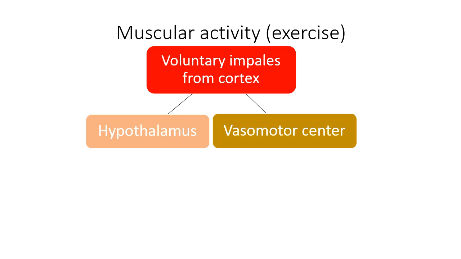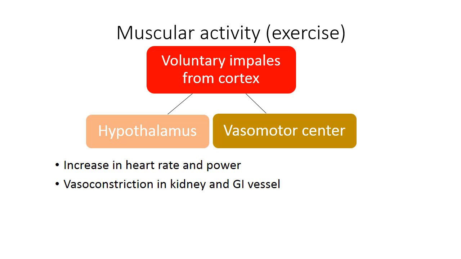When a human decides to do muscular activity, some voluntary impulses from the cortex project to the hypothalamus and vasomotor center, and these centers increase heart rate and heart power, and induce vasoconstriction in kidney and gastrointestinal vessels to push blood into the muscles.